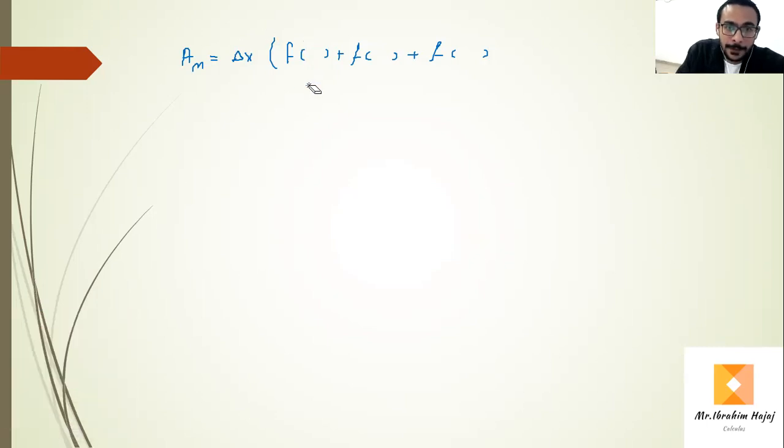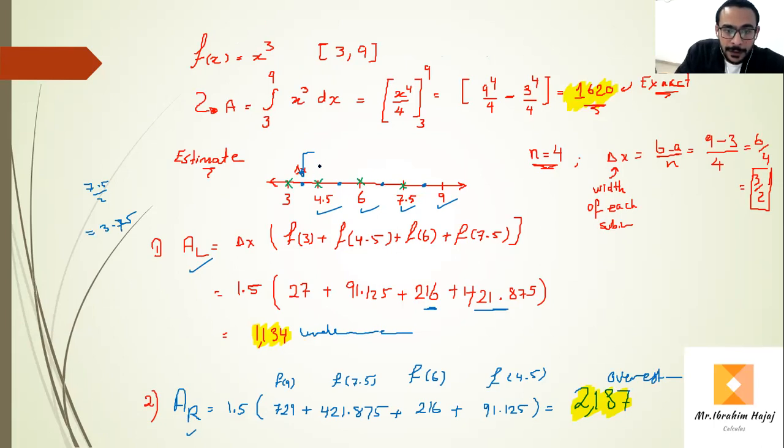So the first midpoint is 3.75. The next midpoint: 4.5 plus 6 is 10.5, divided by 2, is 5.25. The next one, between 6 and 7.5, is 6.75.